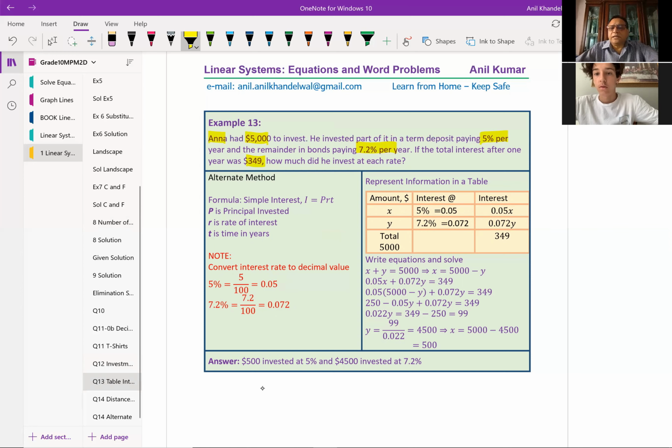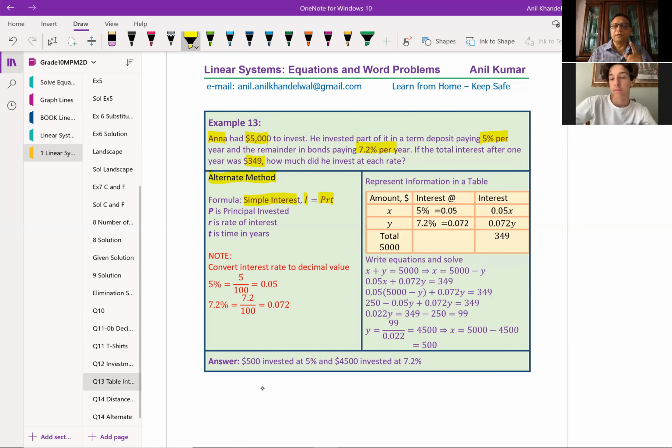Now let us see how we do the same question using a table method. I'm calling this my alternate method. So let's recall the formulas. Simple interest is I equals PRT: principal, rate, and time, where rate is given in percent and time is in years.